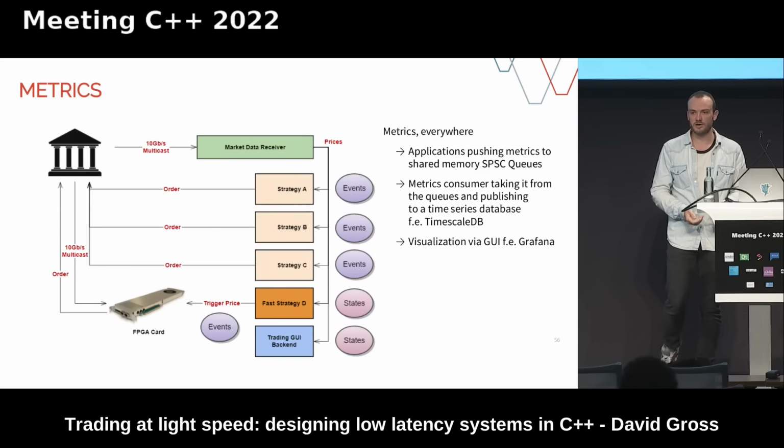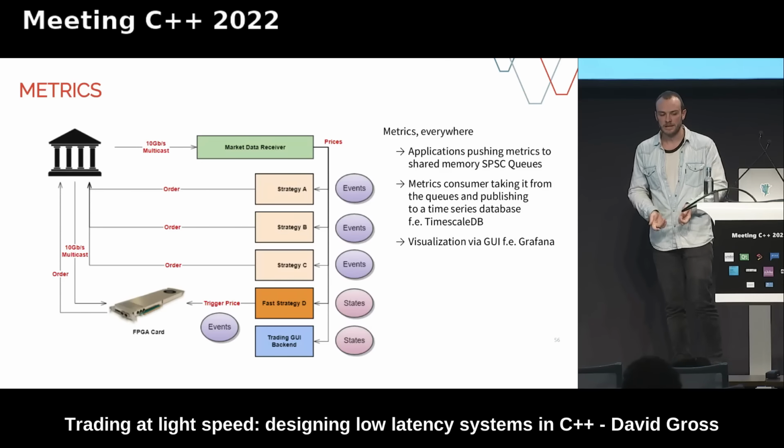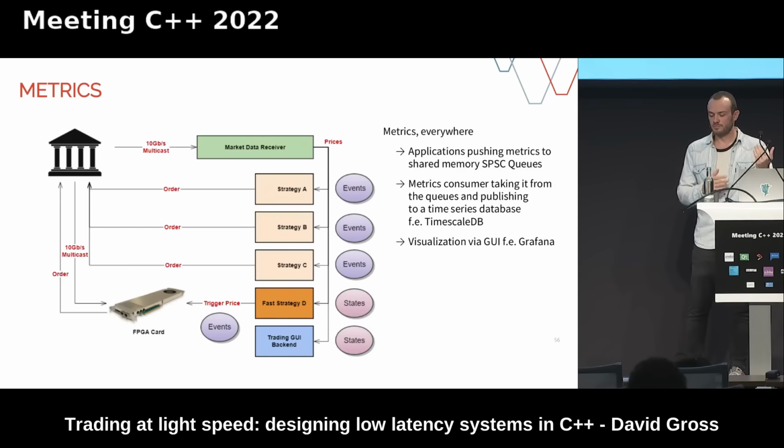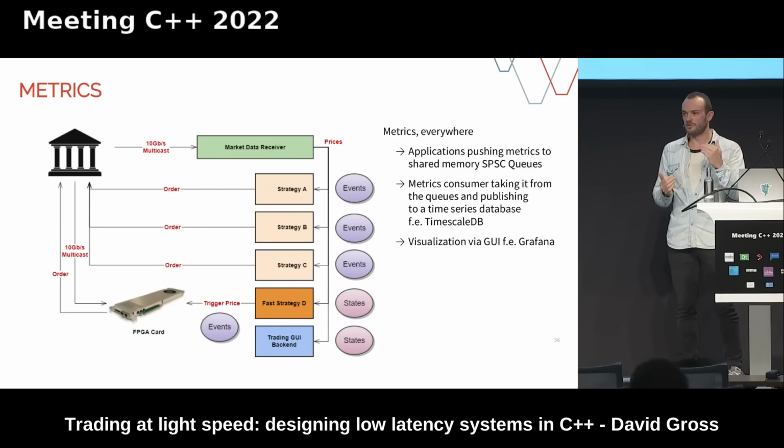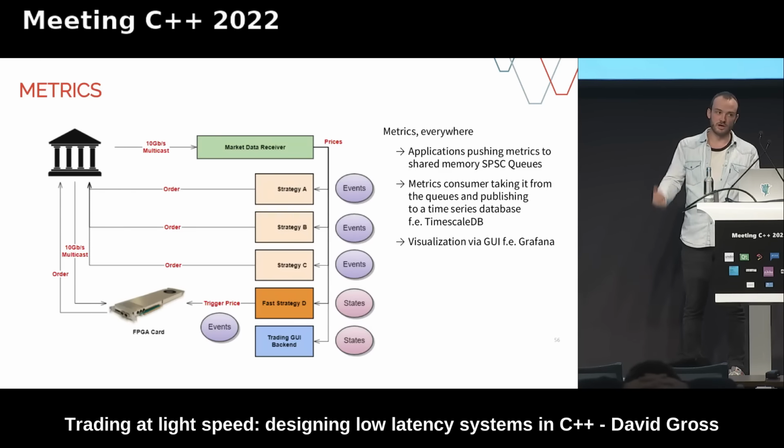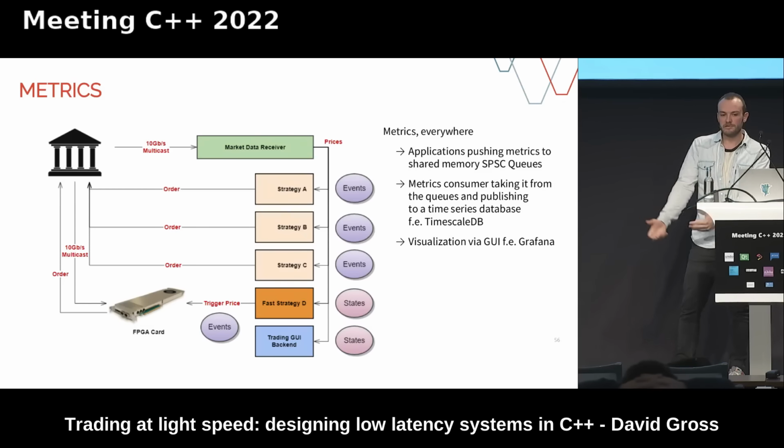In just a few cycles, you get a nice wall clock, and then you have statistics on the difference between RDTSC values, and you push that to a queue, and that's just an SPSC queue. Then you have another process or thread reading these metrics, and then just publishing that to a database. And then you can visualize it. So in the previous slide, we're using Grafana to visualize that.